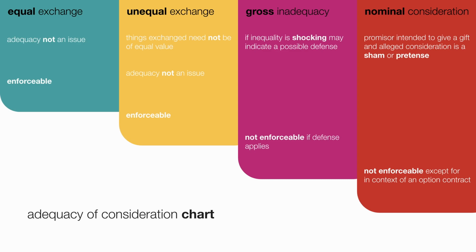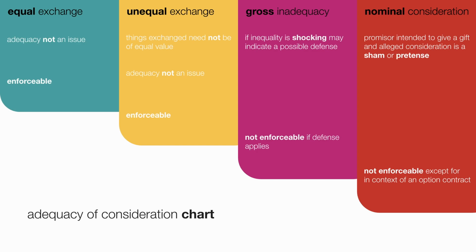So they ask the promisee to give some sort of token amount, which is really what we would term a sham or a pretense, because the promisor doesn't really care about this token amount of money, like $1 or $2. And so that would be a situation where we'd say there is no consideration.